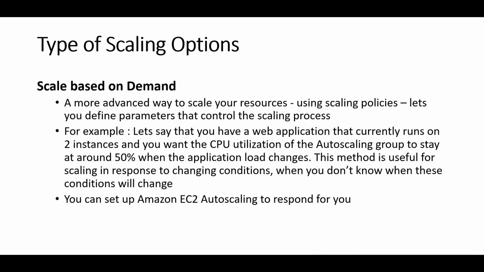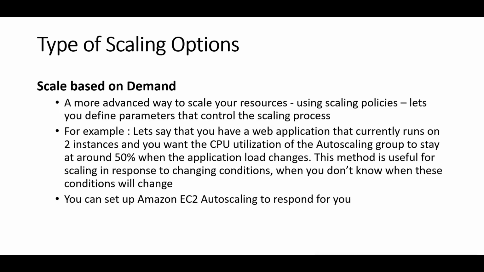Next is scaling based on demand. This is the most popular type of auto scaling. A more advanced way to scale your resources, using scaling policies, lets you define parameters that control the scaling process. For example, let's say that you have a web application that currently runs on 2 instances, and you want the CPU utilization of the auto scaling group to stay around 50% when the load on the application changes.